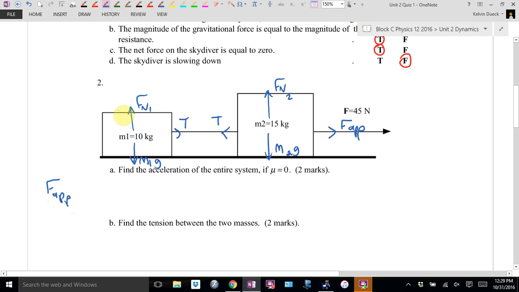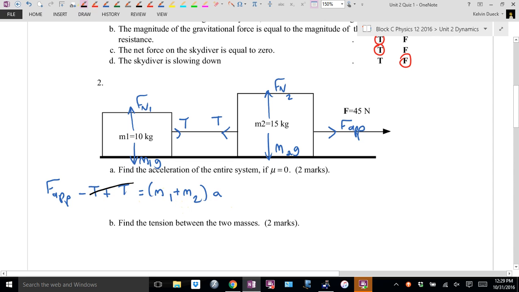And then I'm going to walk along the rope. So I'm going to get the applied force minus tension plus tension, and that's going to be the mass of both of them times A. Why the mass of both? Because I have forces for more than one mass.